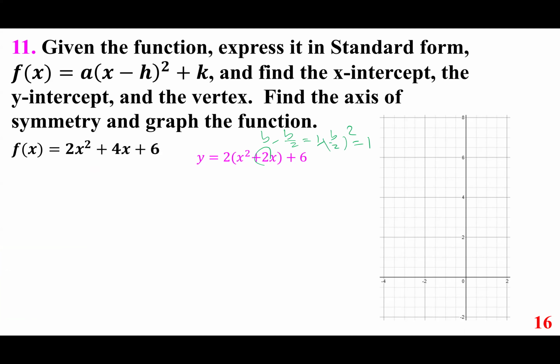Squared is 1. So you are going to add 1, and it's important to understand when you add 1 inside, you're adding whatever this number is times that. So you're adding 2, you have a choice. Add 2 to the other side or add 2 and subtract on the same side.